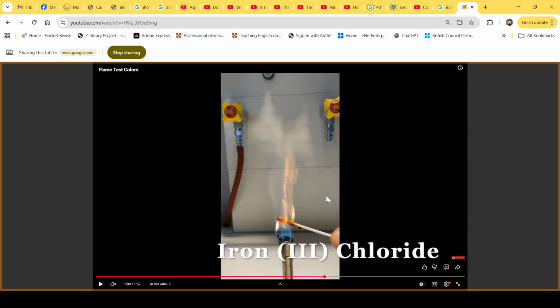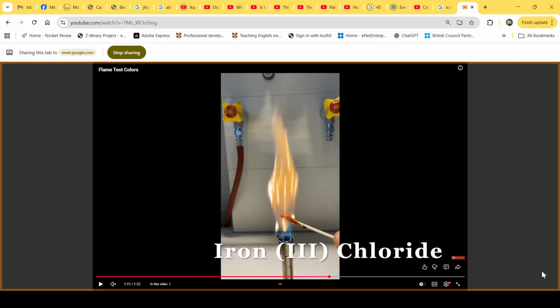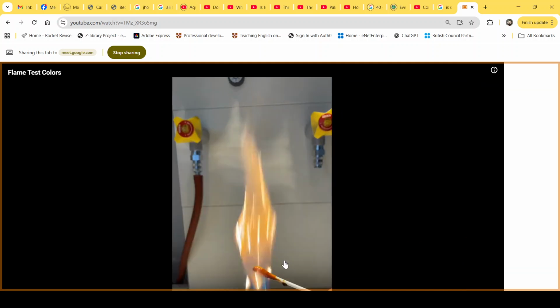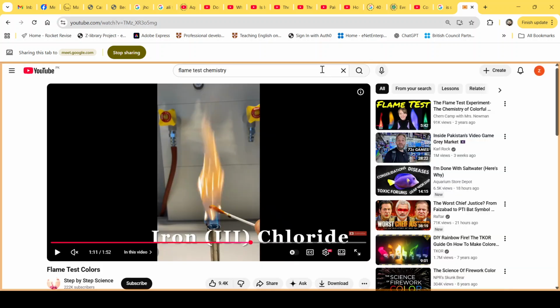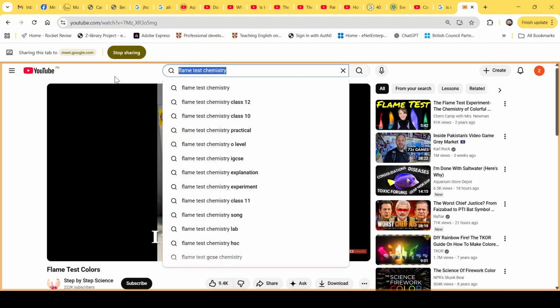All right, so I believe they've covered the ions that we are mostly concerned with. Obviously, they haven't given you all the flame tests in the text. Okay, what else do we search for?